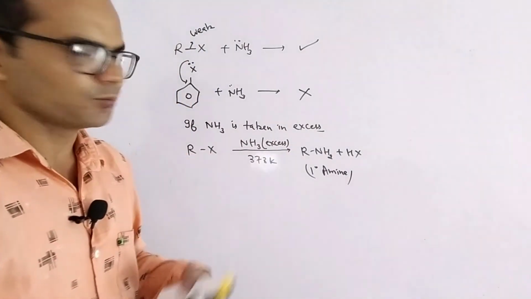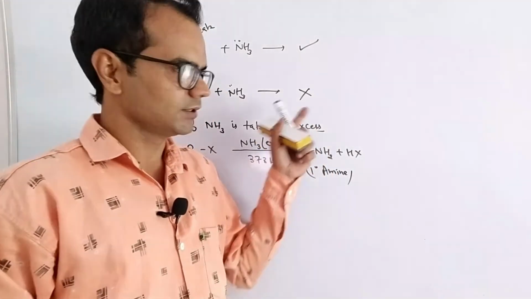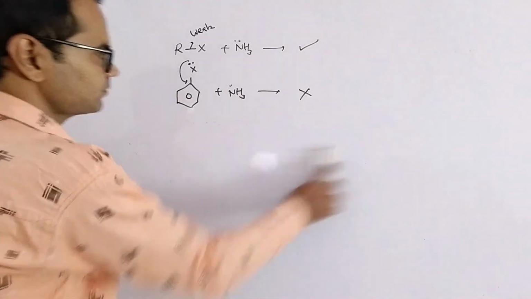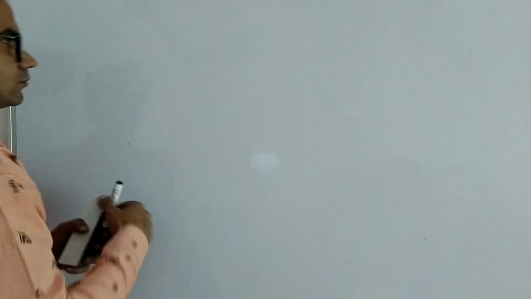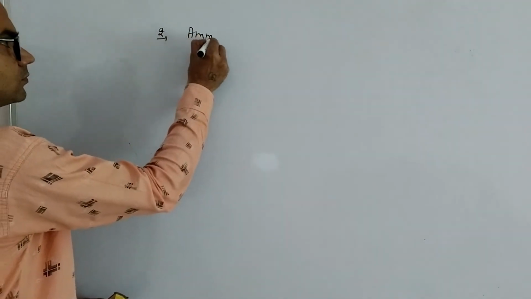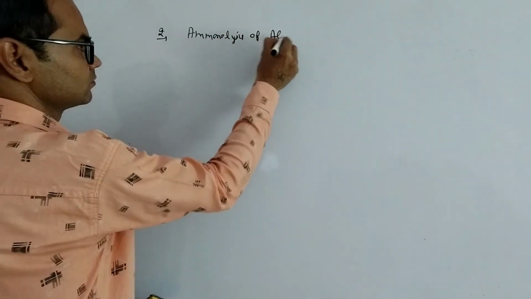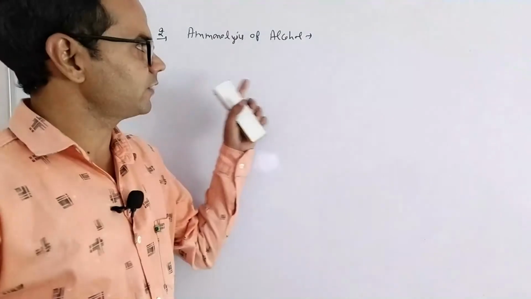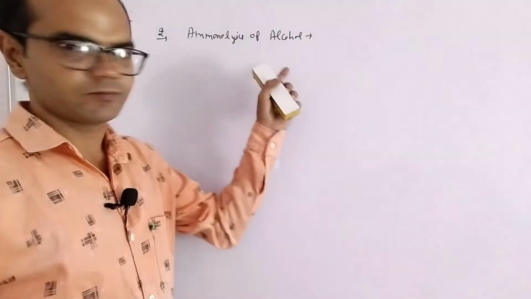This method is used to prepare mixture of amines. There is a similar one more reaction in which mixture of amines is formed. In Hoffmann ammonolysis, we have used alkyl halide, and in second method we have alcohol.